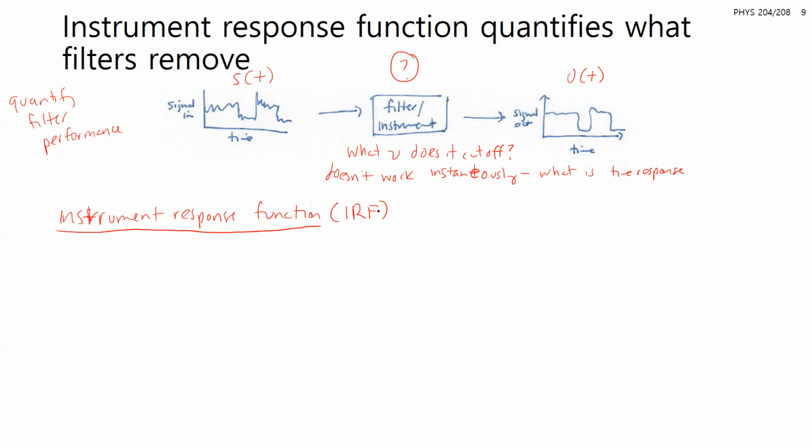This is how we characterize a filter or instrument response in the time domain. And another way of wording this is, how is our signal modified? How is the shape of the signal modified by the filter?